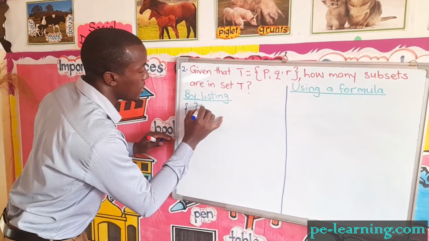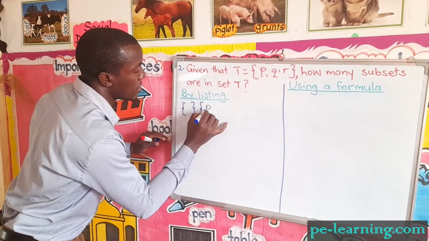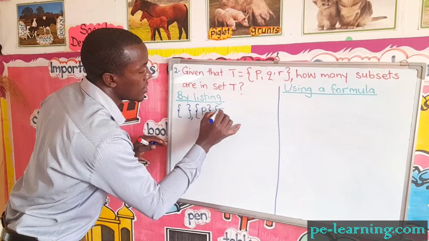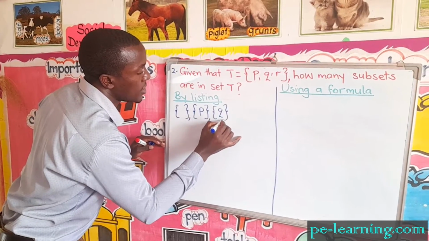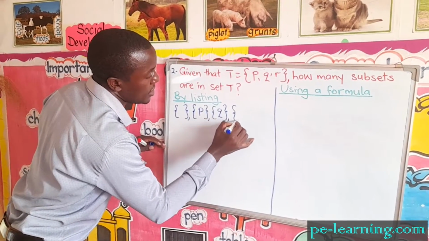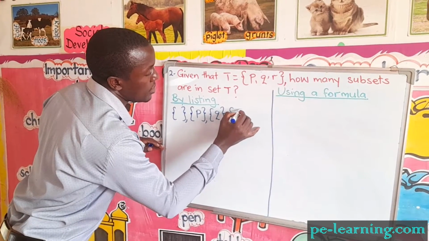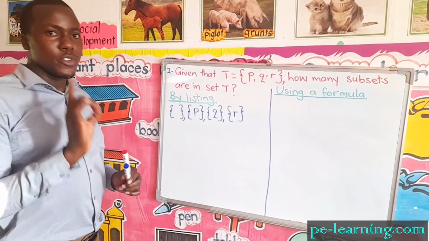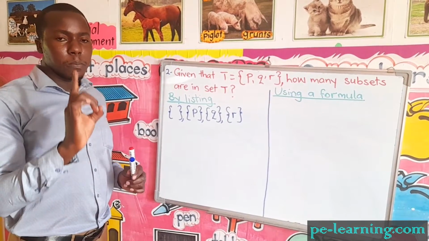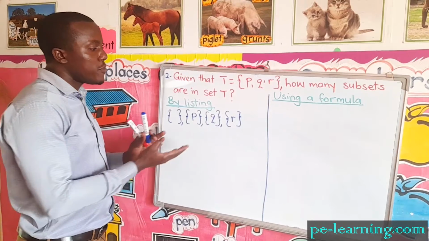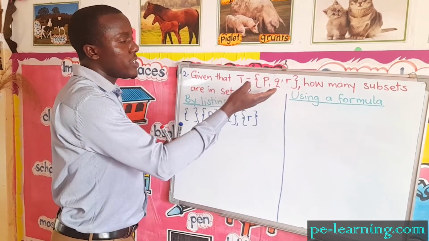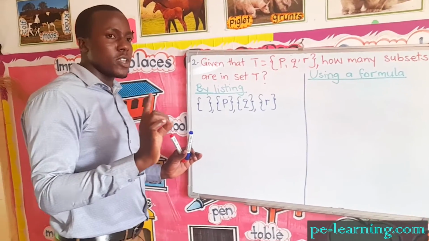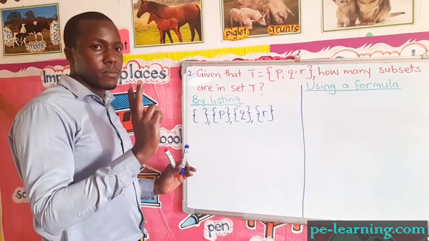So we are going to have P forming a subset, Q forming a subset, and then R will also form a subset. That is using one member. Then after completing all the three, we are now going to form subsets using two members.